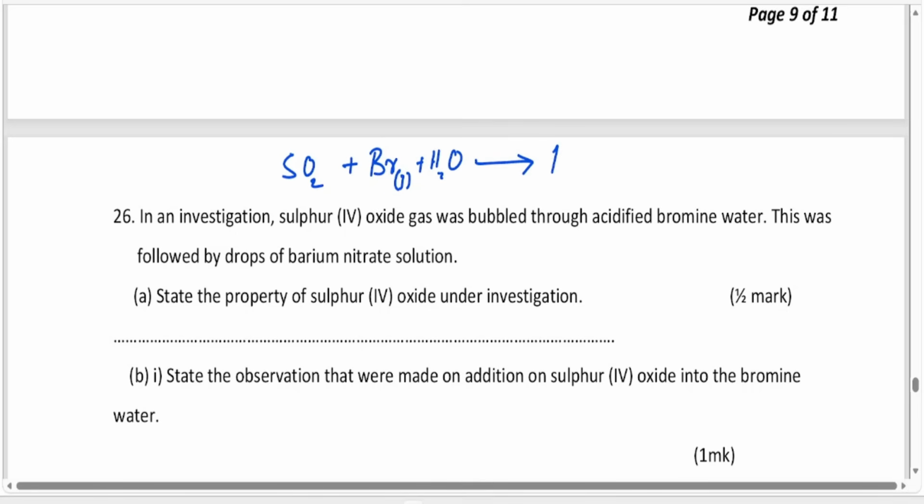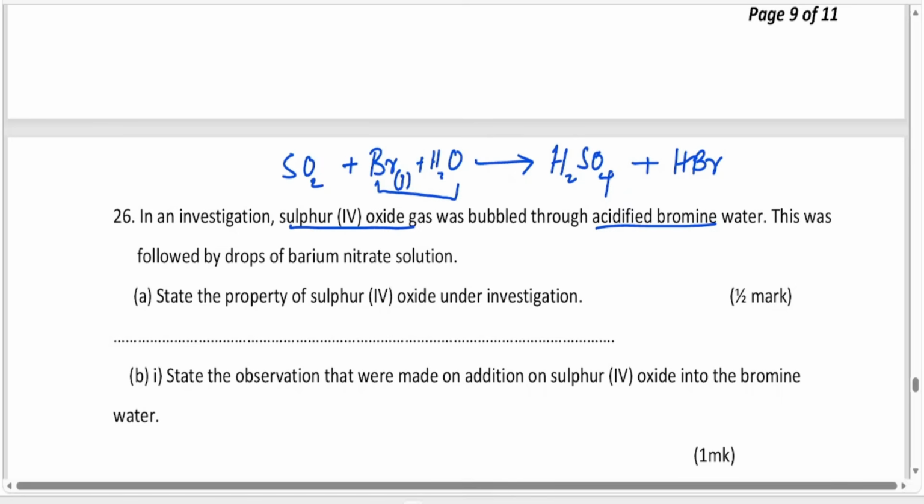And in this case, we are told that we have sulfuric 6 acid, and we have what we call hydrobromic acid or hydrogen bromide. When you look at this, we are told that sulfur oxide gas was passed through acidified bromine water. This is our bromine water.